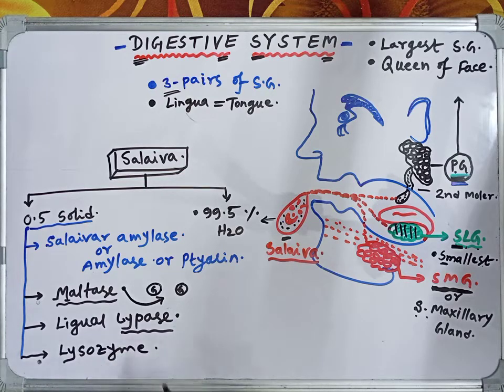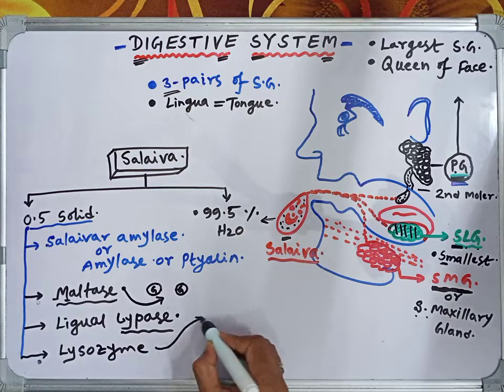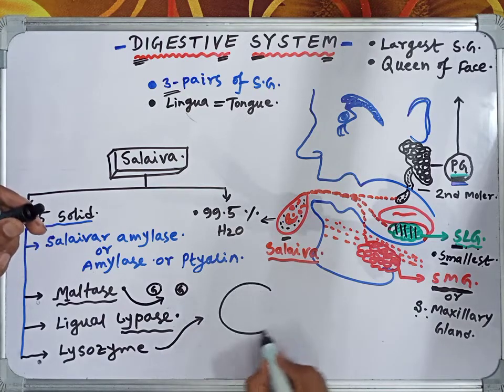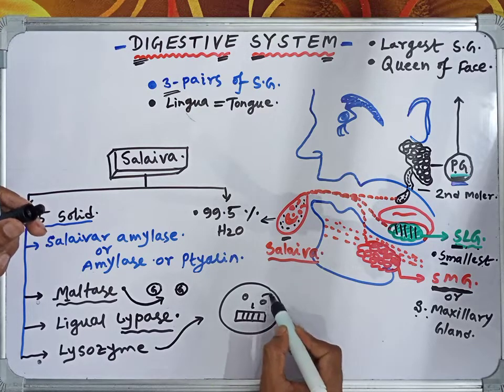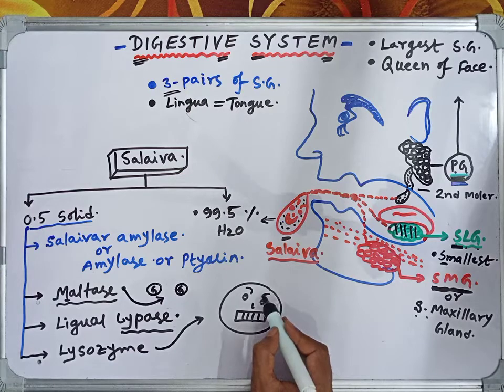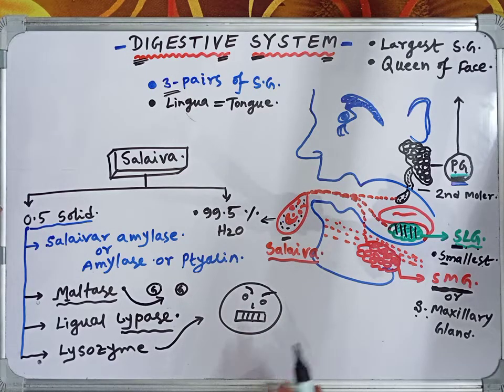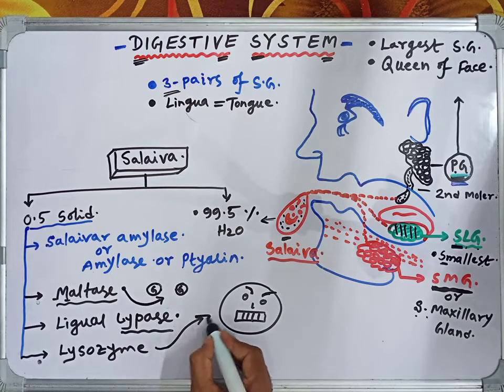Lysozyme has a great capacity to kill the microorganisms present in our mouth. Our mouth can contain bacteria, viruses and other foreign material, mainly bacteria. This lysozyme mainly acts on bacteria.